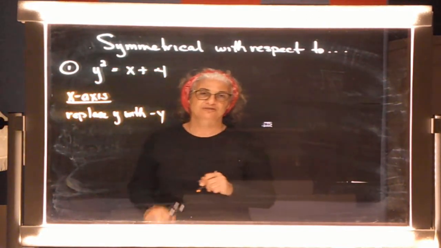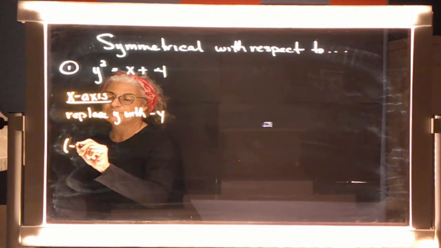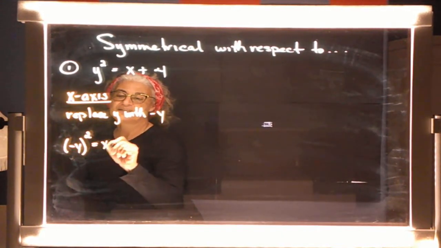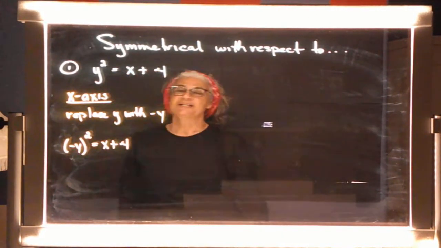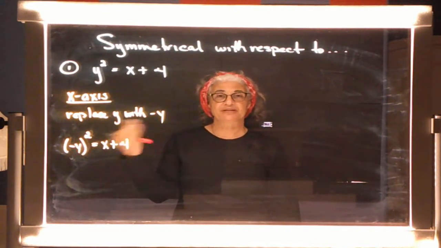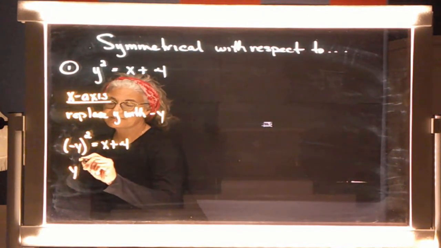So, let's see what this looks like when we do that. Instead of the y here, I'm going to put a negative y in its place and then square it, equals x plus 4. Now, can I simplify a negative y being squared? Yeah, it's going to be a positive y squared.